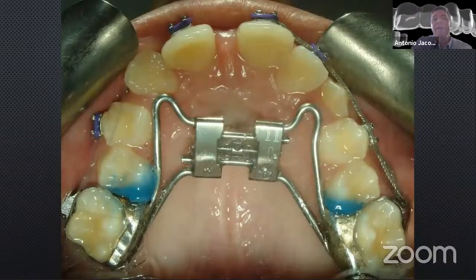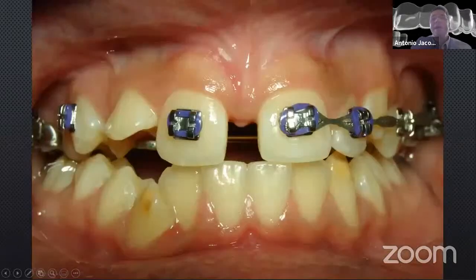And now I just bonded some brackets and used a wire, not allowing this right central incisor to come mesially. So I will use all of this space between the central incisors just for the right side, okay? So that's what we use.